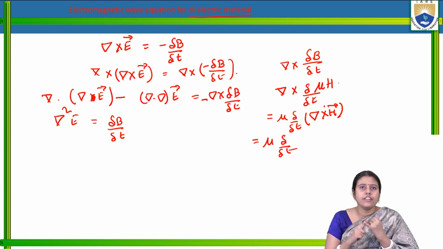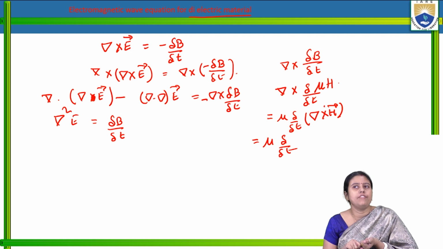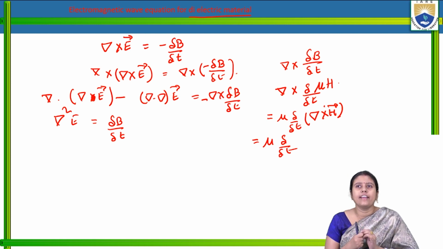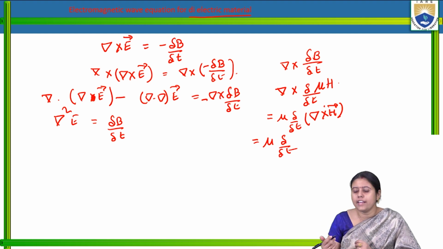Remember, free space is also one type of dielectric. So in any dielectric, the value of the conduction current J is equal to 0.